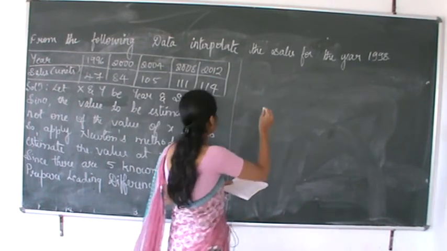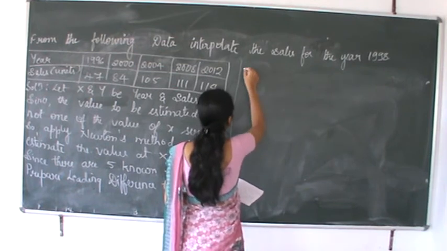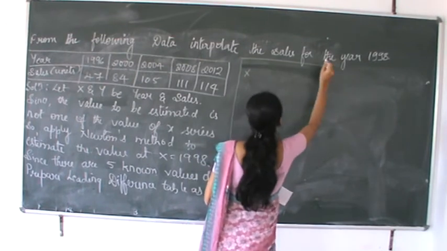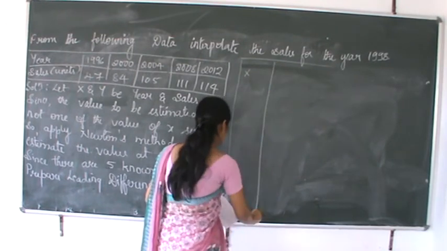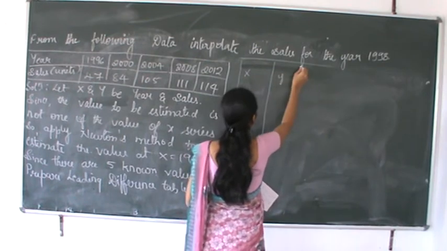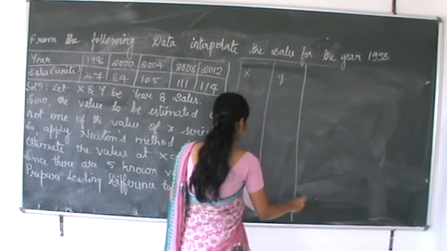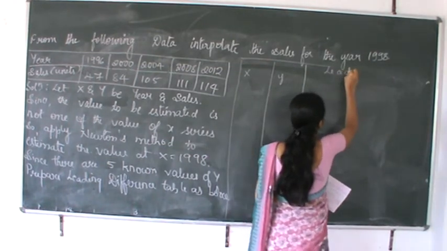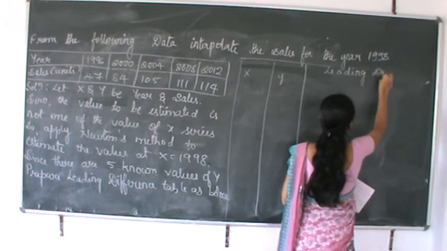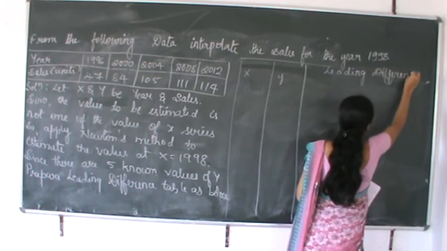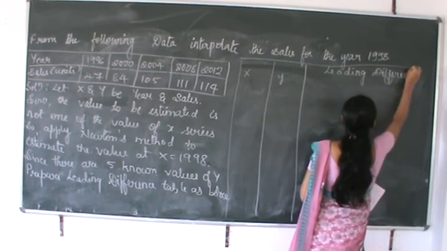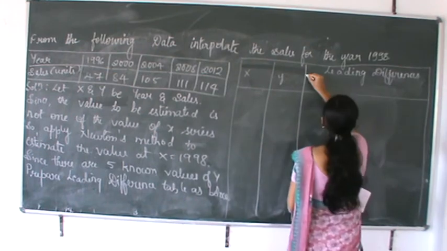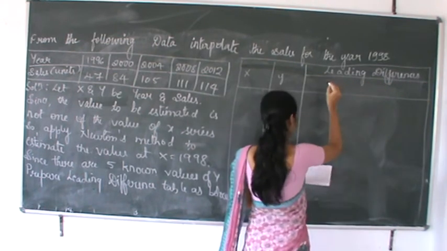First of all, you are going to write the values of x. Next column, we are going to write the values of y. Next it will be leading differences. Leading differences will be up to 4.